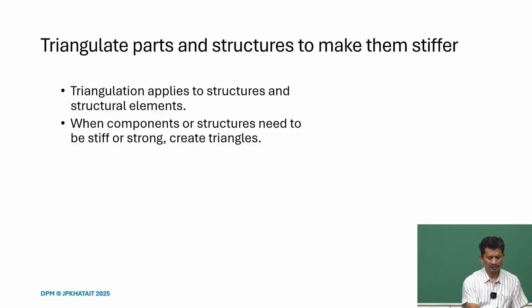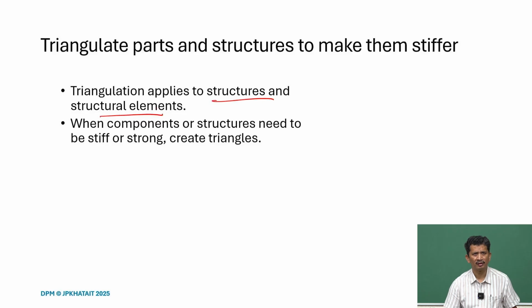So, many times when we are talking about the structure and the structural elements, which is important to design even a machine base or which is supporting the moving parts, we may have to use triangulation.